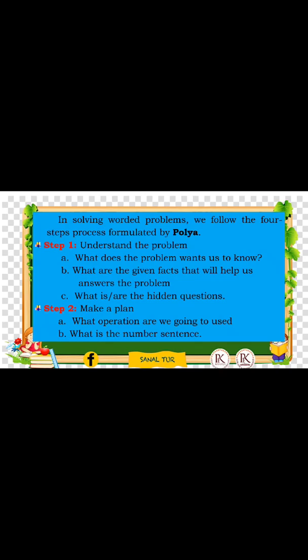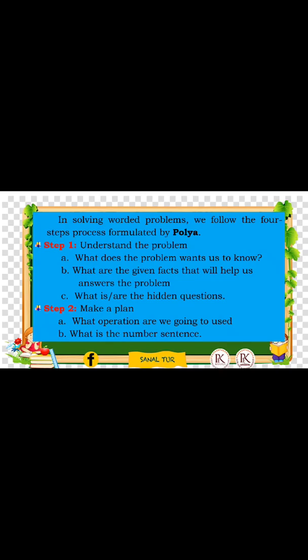You go now to step 2. That is, make a plan. How are you going to make a plan? Letter A, what operation are we going to use? When we say operation, these are the 4 basic operations. What are those? We have addition, subtraction, multiplication, or division. So you try to understand the problem, then once you understand, you make a plan now.